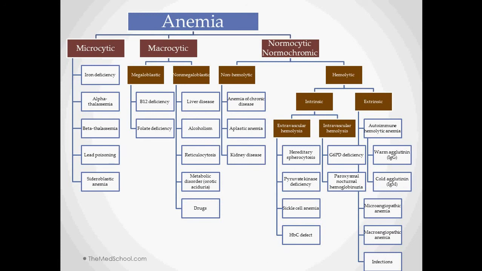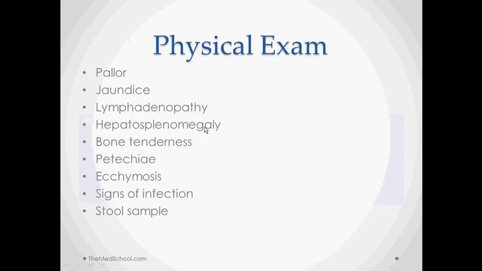So if we have a mean corpuscular volume below 80, we'll start to think about iron deficiency and some of the thalassemias, possibly lead poisoning, which is a lot less common these days. Or if we have high MCV levels, start to think about the macrocytic anemias.